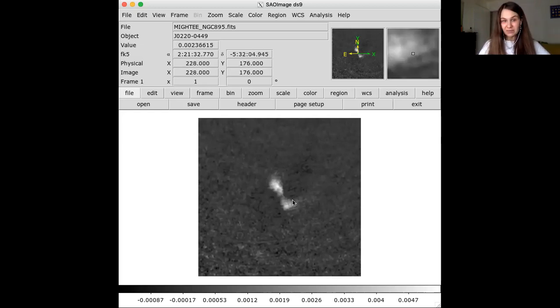For example, we have emission here, and we select a region of noise just around the emission, not including the emission, and we calculate the standard deviation or the average of this noise, and we will have a value.